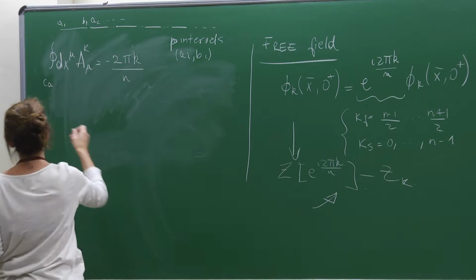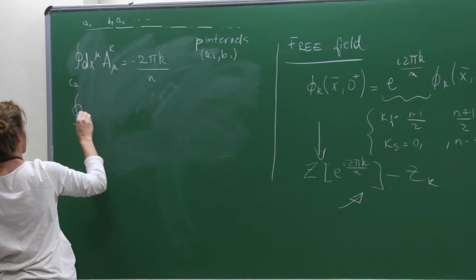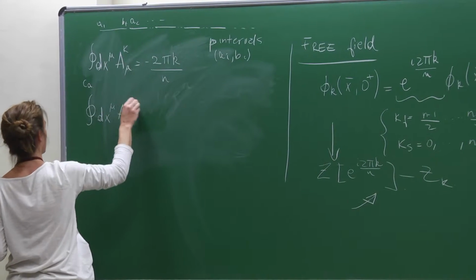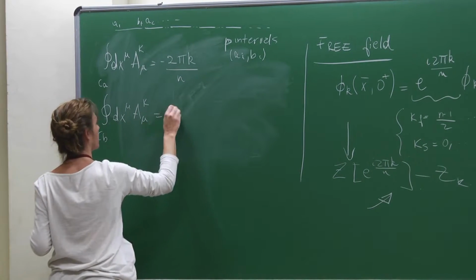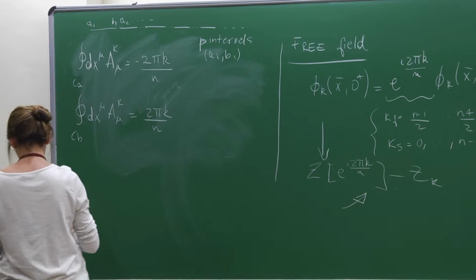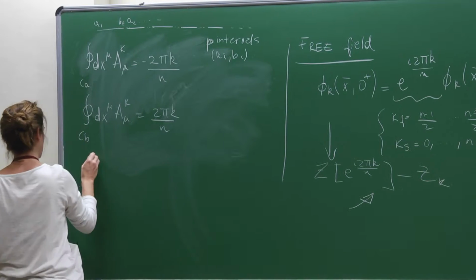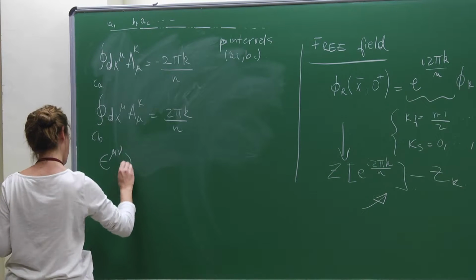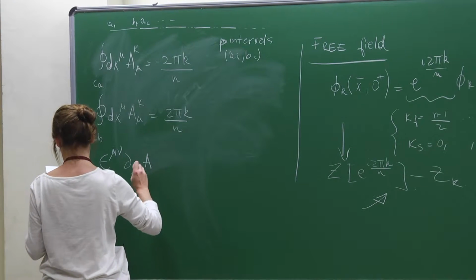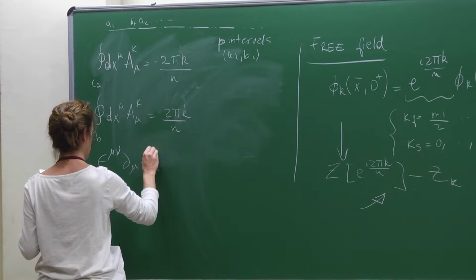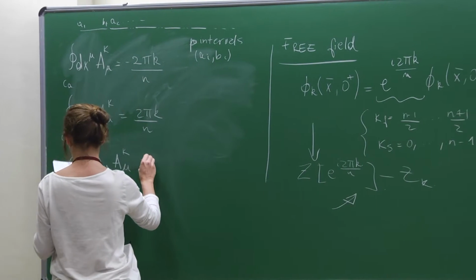So we have this, and you can write A mu, and let's say K. We have a K somewhere.